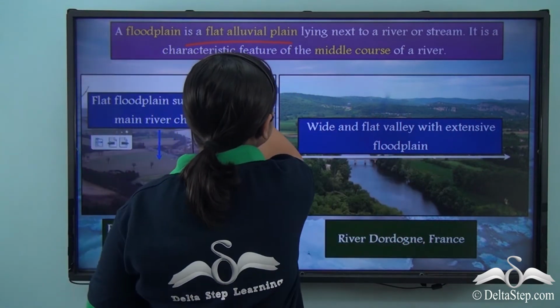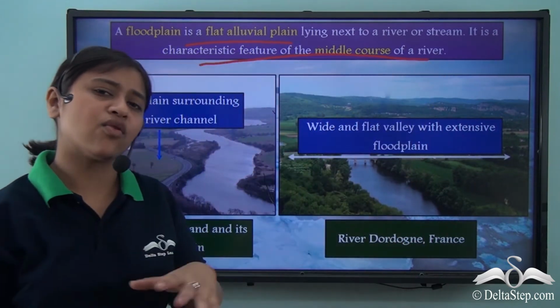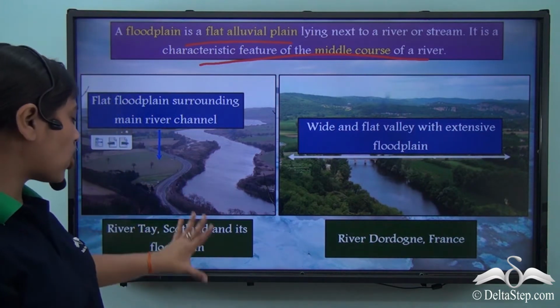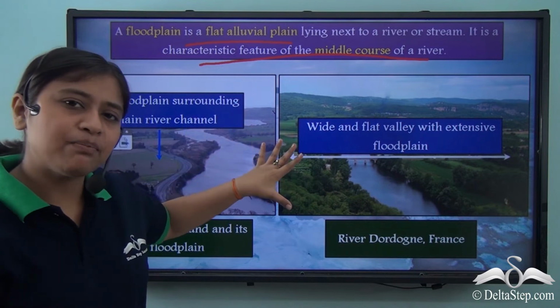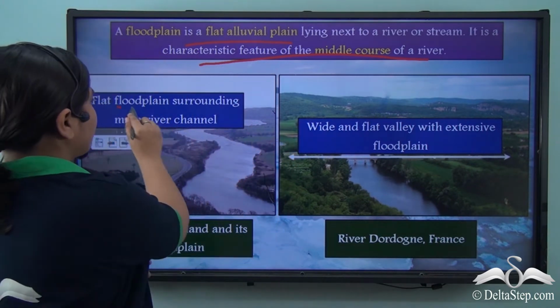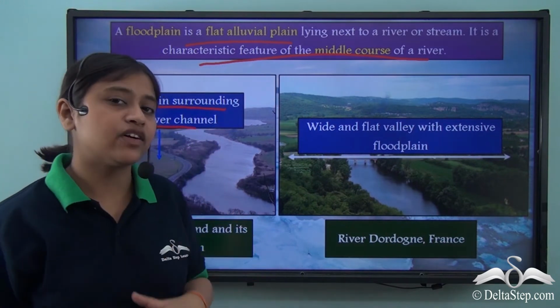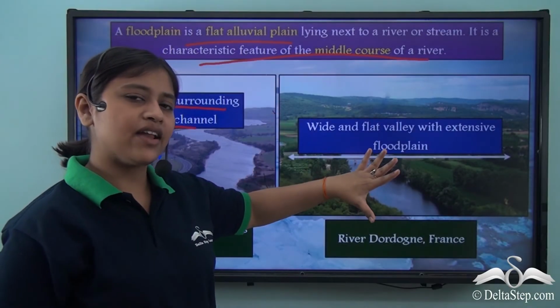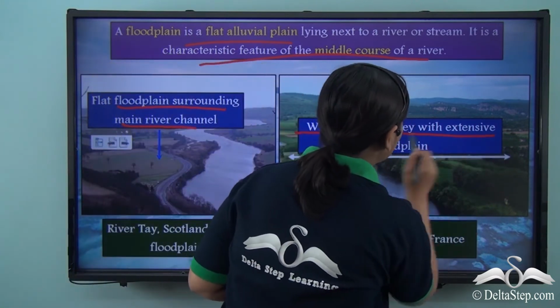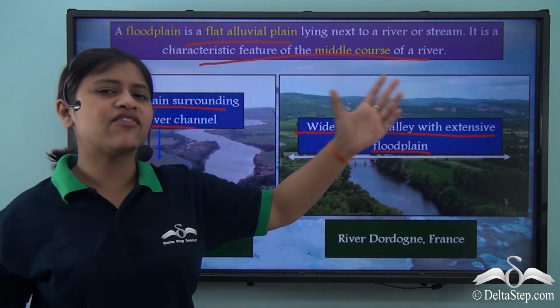It is the characteristic feature of the middle course of the river. So as you can see here, River Tay in Scotland has its flat plain right next to its river. So this floodplain is surrounding the main river channel. While on the other hand, River Dordogne in France has a wide and flat valley with extensive floodplains.